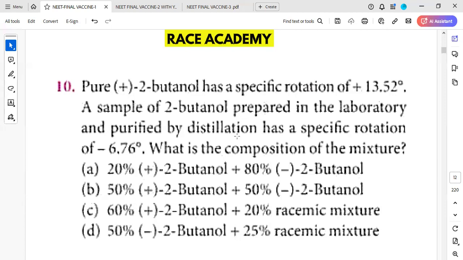Whenever they ask a question like this, one thing is very clear: a chiral compound prepared in the laboratory usually gives a racemic mixture. Since the racemized part has zero contribution towards specific rotation, here 25% is racemization. Therefore, the observed optical rotation is due to 50% inversion, 50% of this 2-butanol with specific rotation minus 13.5 degrees.